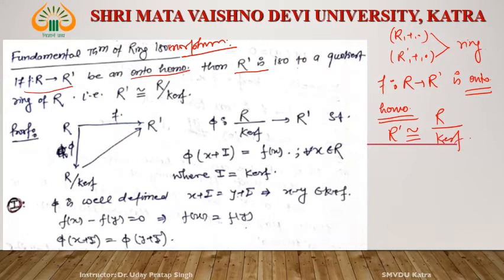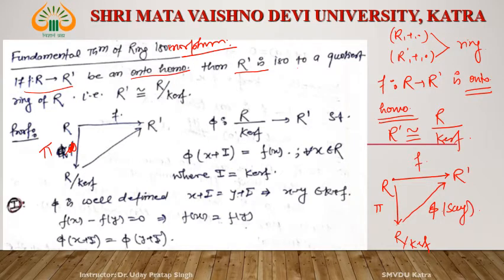Okay. Now see, R to R prime. This is f. Then from R to R by kernel of f, this is the natural homomorphism pi. This one is not phi. This is pi. And R by kernel of f to R prime, say this is phi.